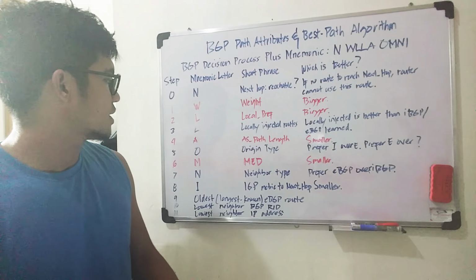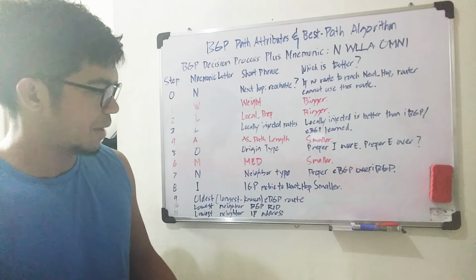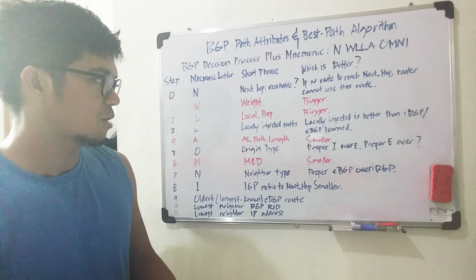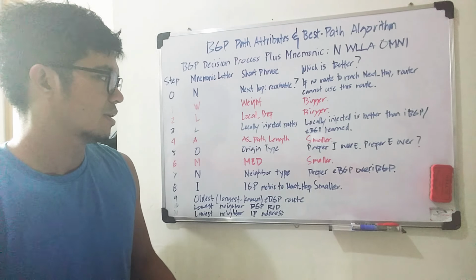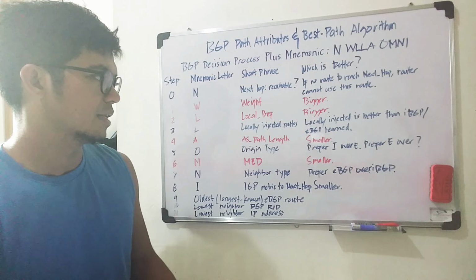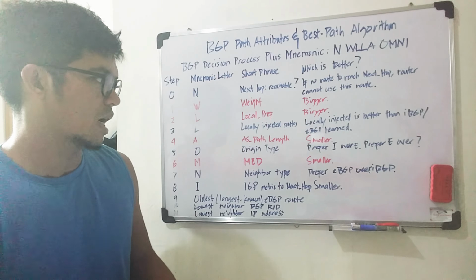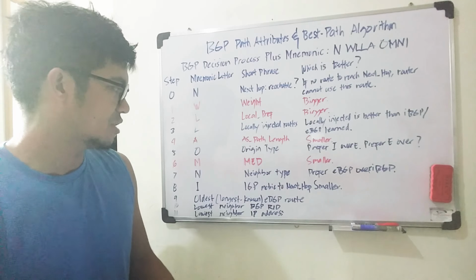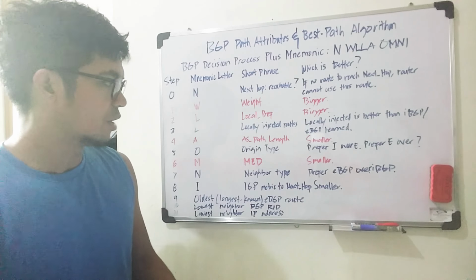And step 7 is neighbor type or path. BGP is going to prefer the eBGP path, or neighborship, over iBGP neighborship. And number 8 is IGP metric to next hop. Smaller is better.